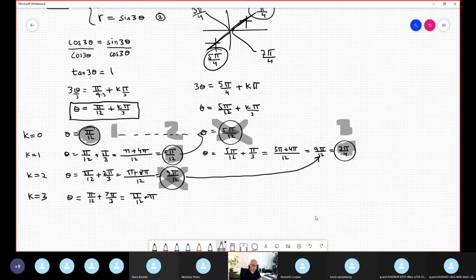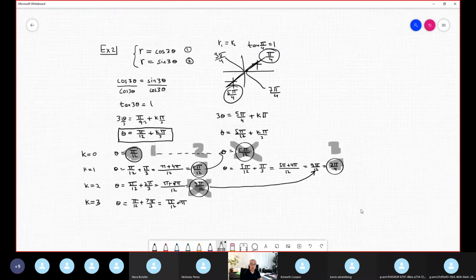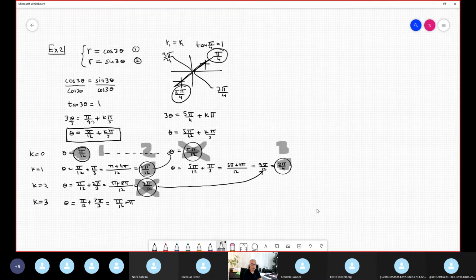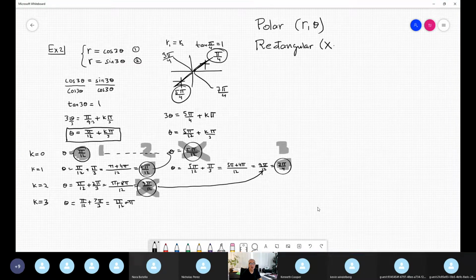Now, in order to plot the intersecting points, remember in polar we need r comma theta. I have theta in my hand, which is this. And in rectangular, I have x comma y.